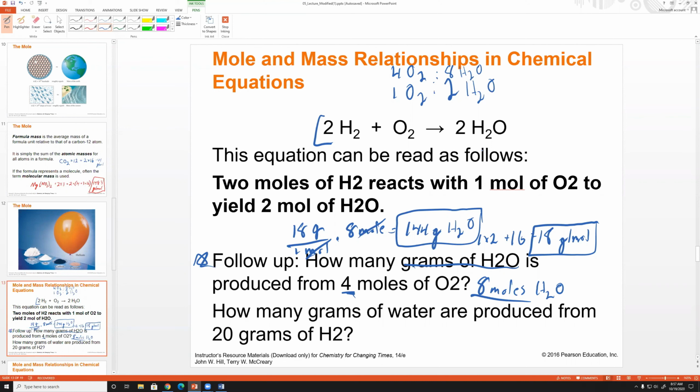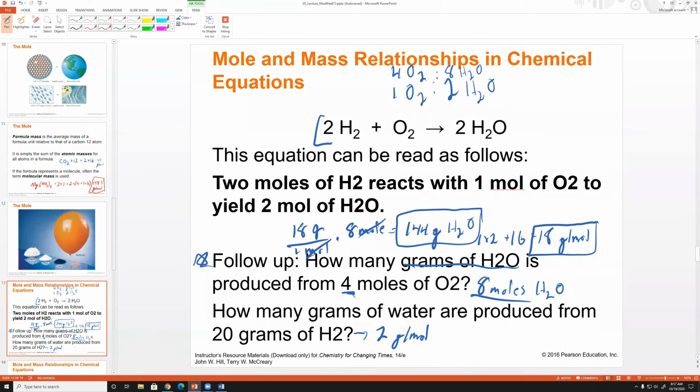That'll help you. So if you have 20 grams of H2, how many moles is that? We can figure it out the same way that we did for this. So the molar mass of H2 is 2. It's 2 grams per mole. And Kaylee, good job.